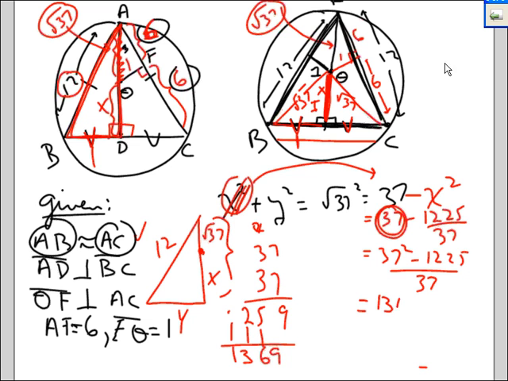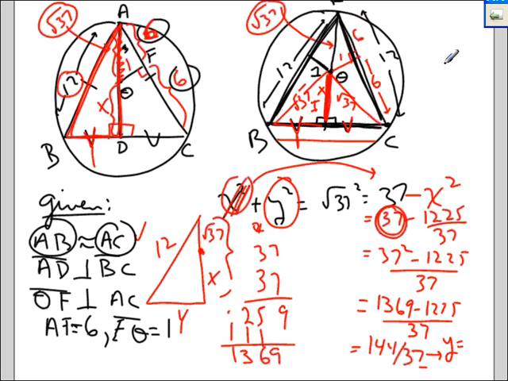So we have 1369 minus 1225 over 37. And this difference is 144, it looks like. 144 over 37. That is what y squared equals.